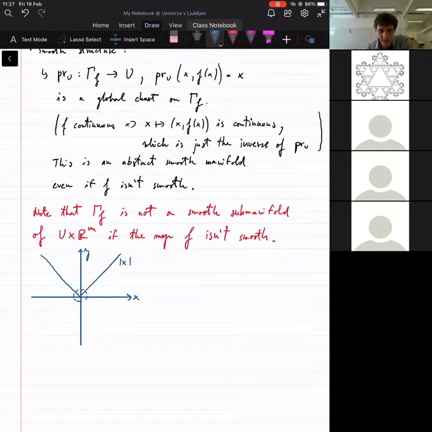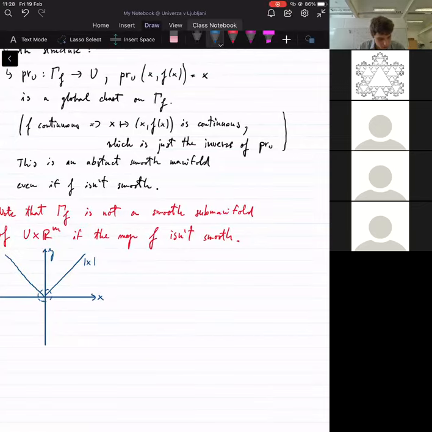This cusp here would prevent this space from being a smooth submanifold. This is just a hand wavy explanation. So this cusp here would prevent this set from being a smooth submanifold in R2, right? But as an abstract manifold, it is smooth, okay? Because it only has one chart.